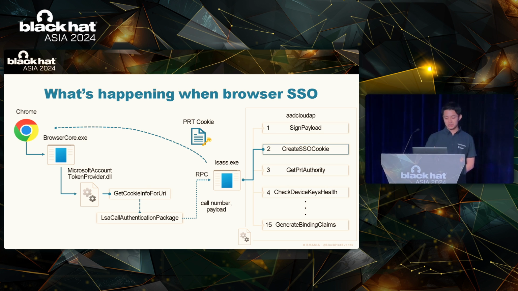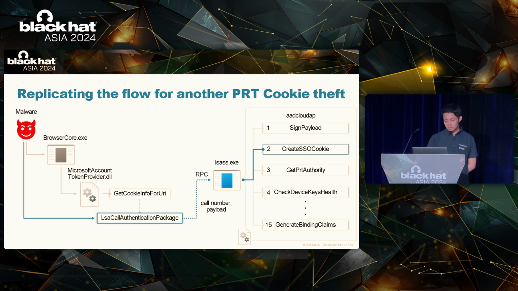And in order to interact with LSASS.exe and also the Azure AD plugin for my research, I implemented a POC that can directly talk to LSASS.exe without BrowserCore.exe and also the DLL by just calling the LsaCallAuthenticationPackage.